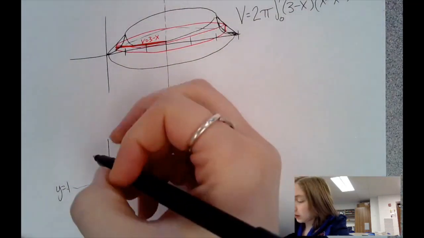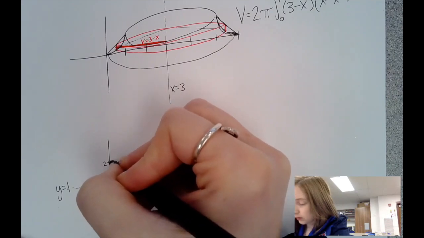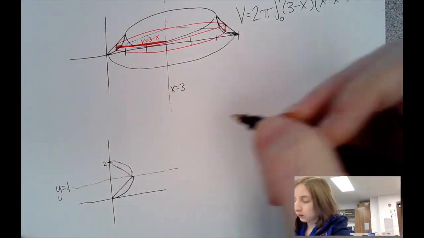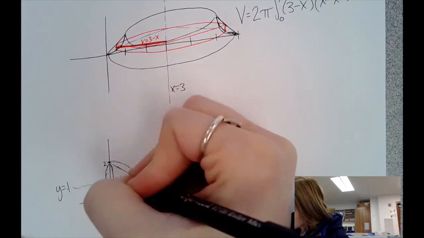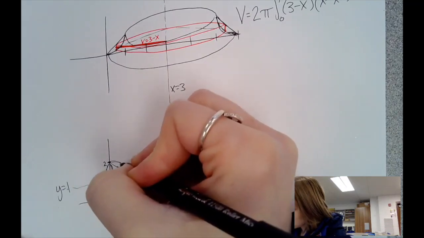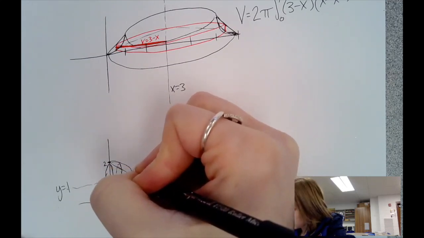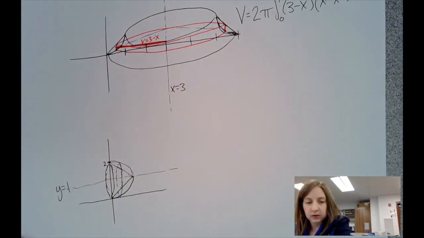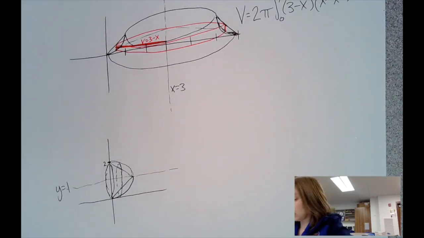So it's going to be something like that. If this is 0 and this is 1, this is 2, is where that piece is kind of meeting up right there. So here's our shape that we're rotating.